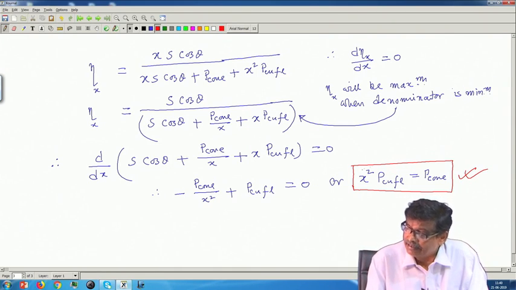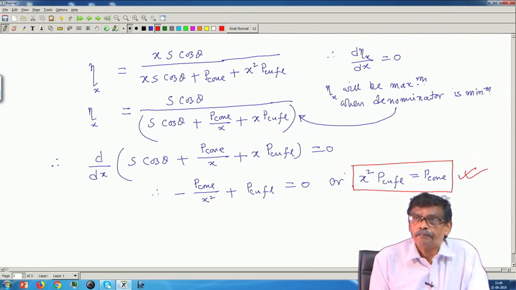Now, what is this x square P cu full load? This is a variable loss.